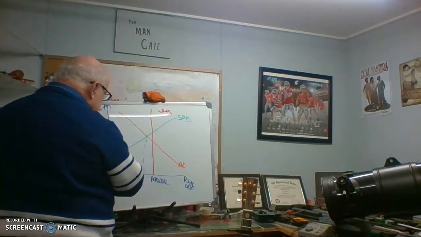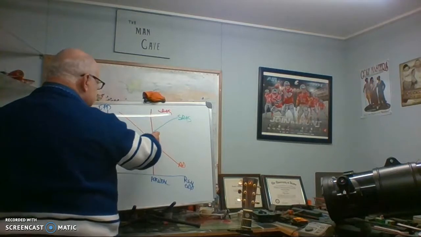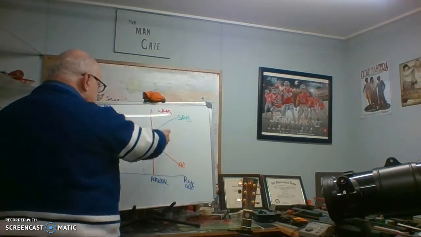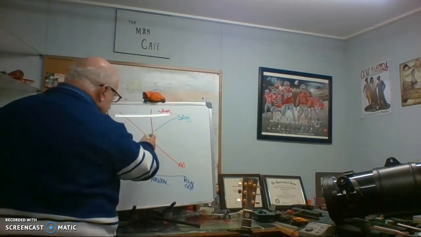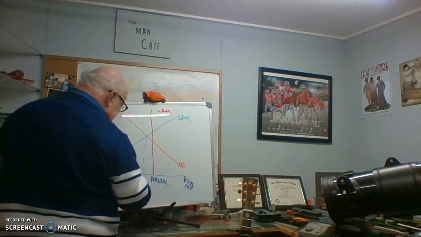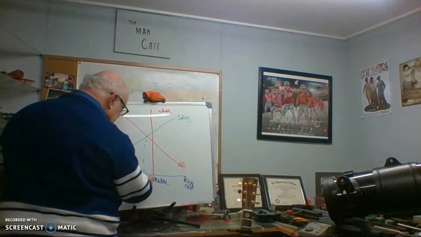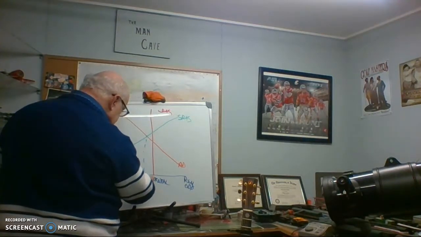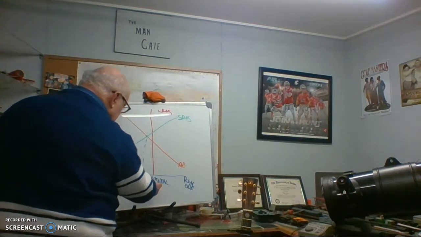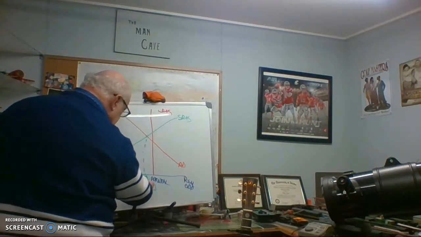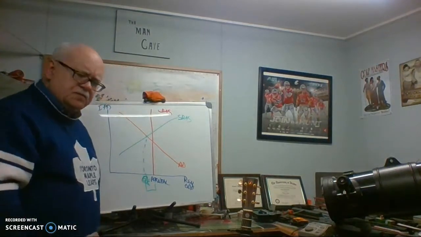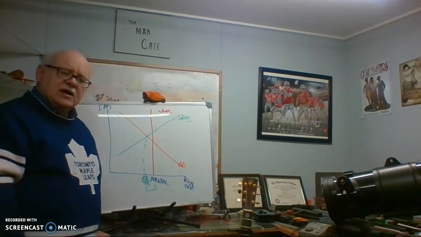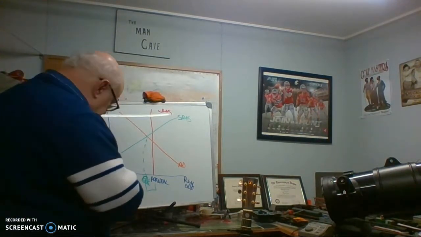And if there is a situation where the actual current equilibrium is less than the potential, I'll say actual GDP right here, we have what's called a recessionary gap.